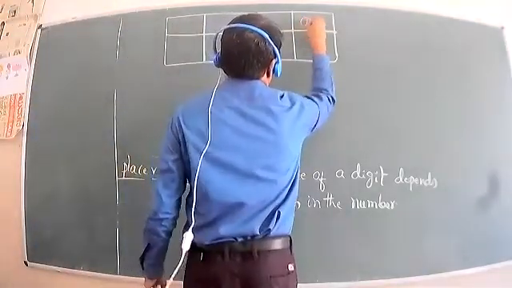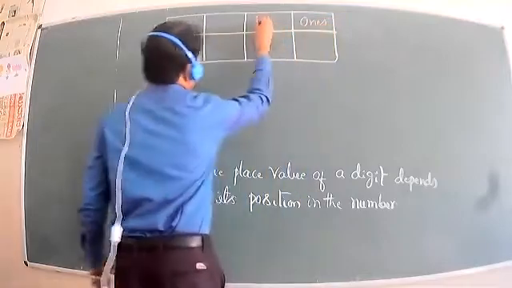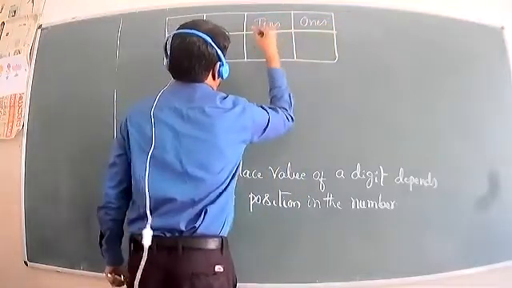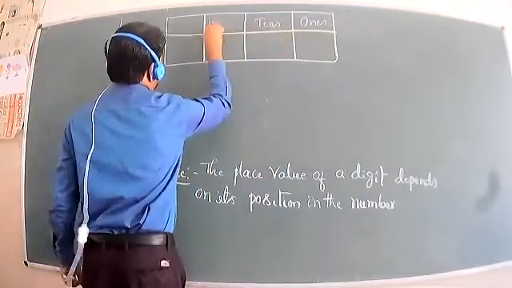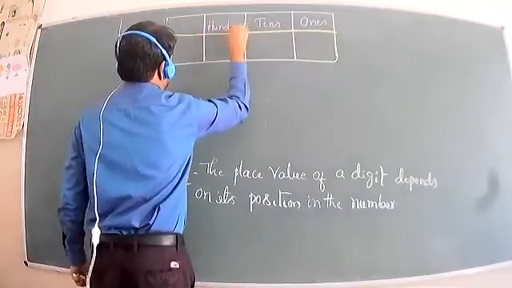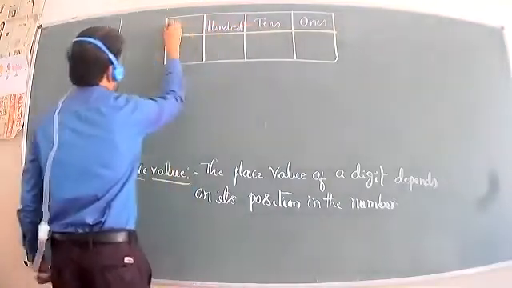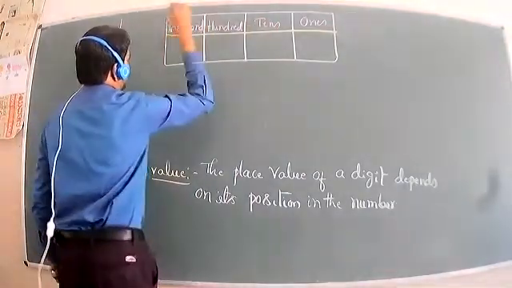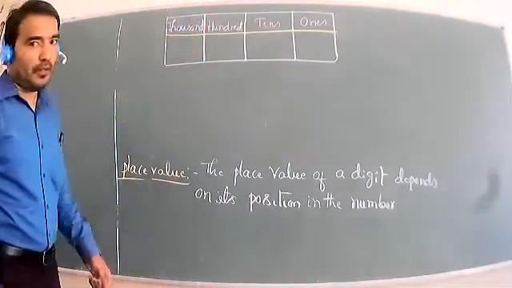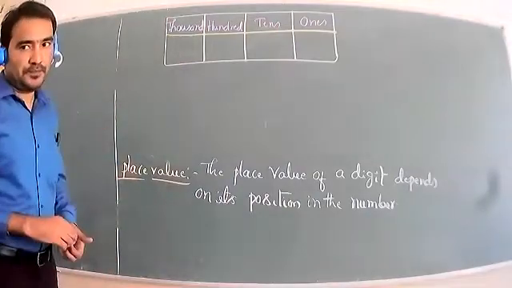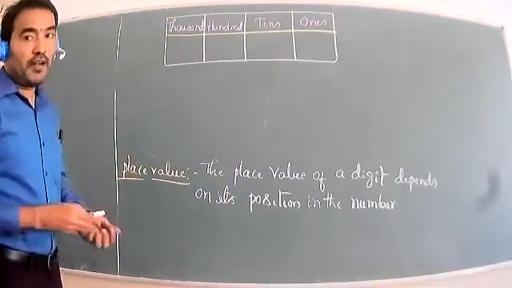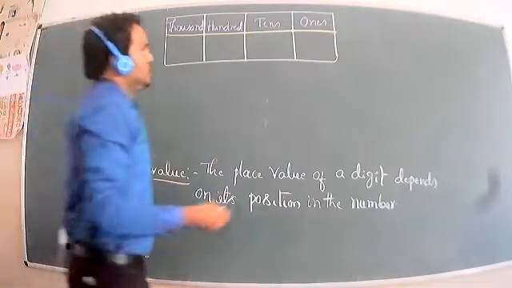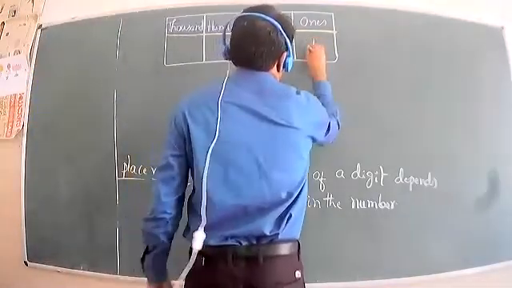Next tens, next hundreds, hundreds, thousands, thousand. Okay. So now this is the place value. Now I will write the place value. So write the numbers now.